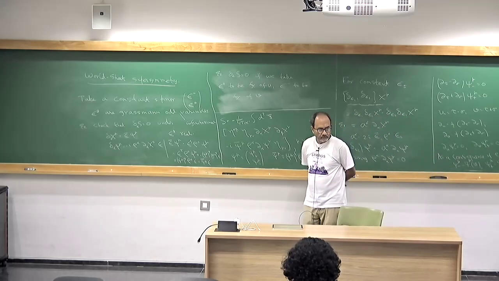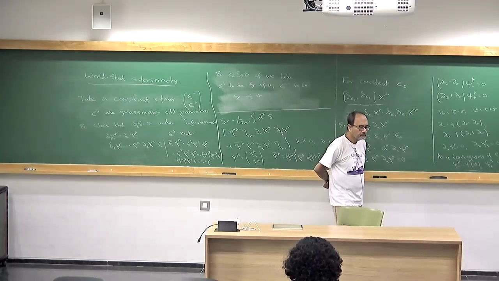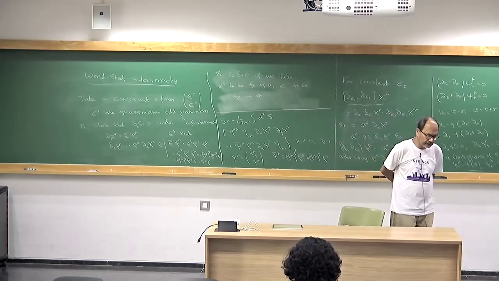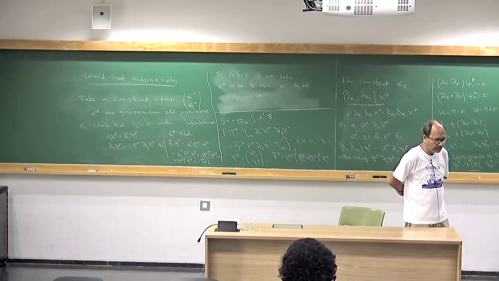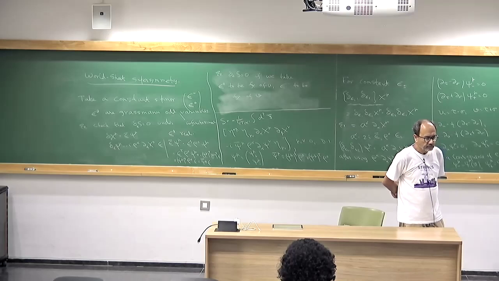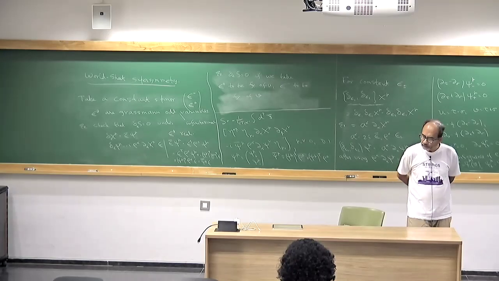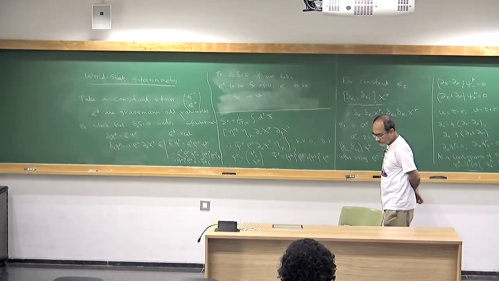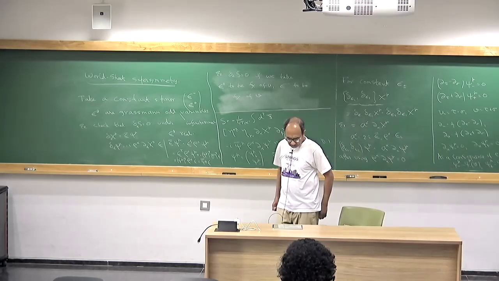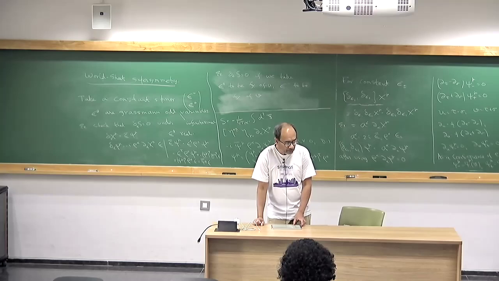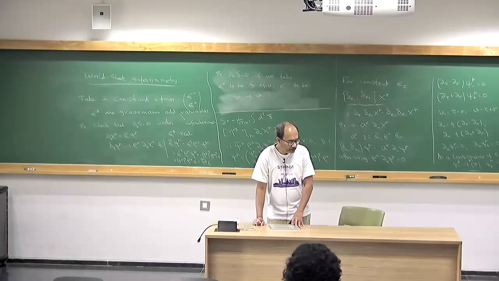Then there is a superspace description for those theories, something called partial superspace, but not a full superspace description. Or sometimes you may have to introduce an infinite number of auxiliary fields, something called harmonic superspace. The formulations are quite complicated.